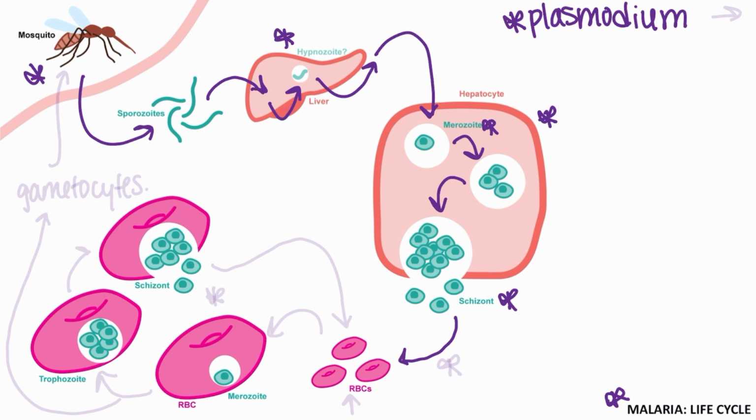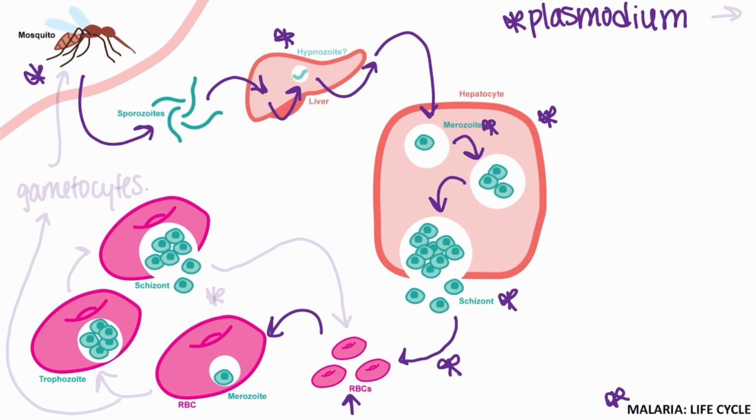But then moving back to our released merozoites into the bloodstream, that can now go on and infect our red blood cells, or RBCs, starting the erythrocytic stage. And this is the stage responsible for that clinical presentation of malaria.